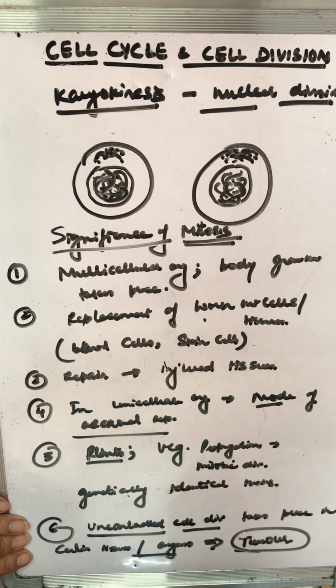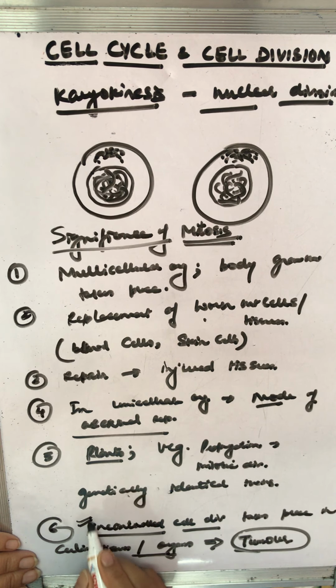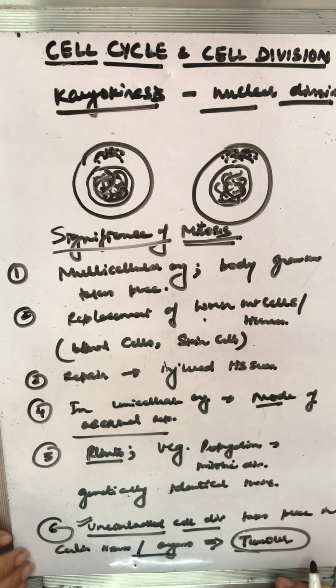Okay, this is a kind of contact inhibition which is seen in these cells, that they stop their own growth. But when there is no stoppage, it means uncontrolled cell division going on and on, we call it tumor or cancer. Clear? This is what is about M phase or mitosis.